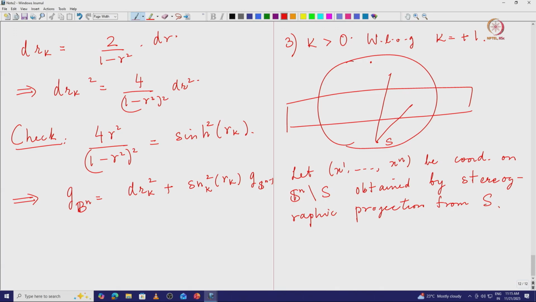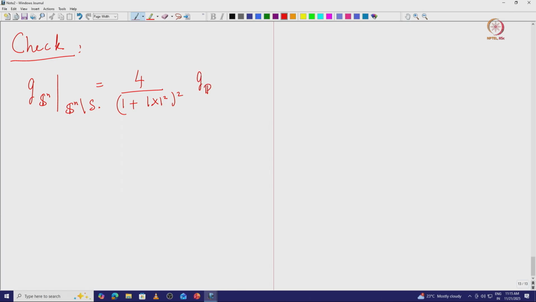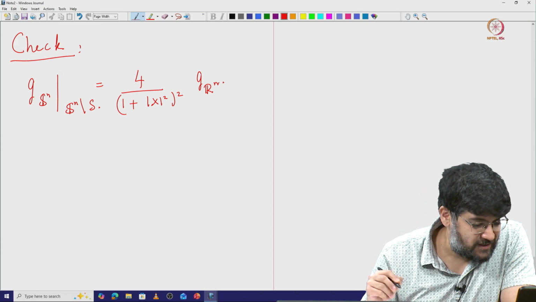Then in fact one can check that the round metric on the sphere restricted to the sphere minus the south pole, in these stereographic projection coordinates, is given precisely by this. So it actually has a very similar formula to the Poincare ball model, except you now have a plus sign in the denominator, okay.